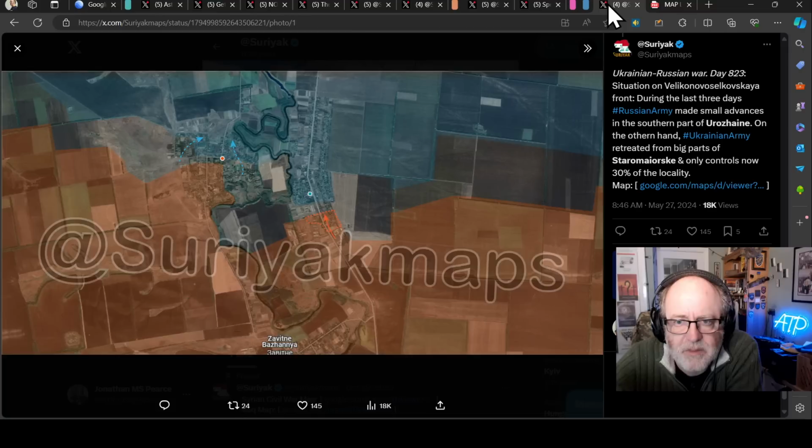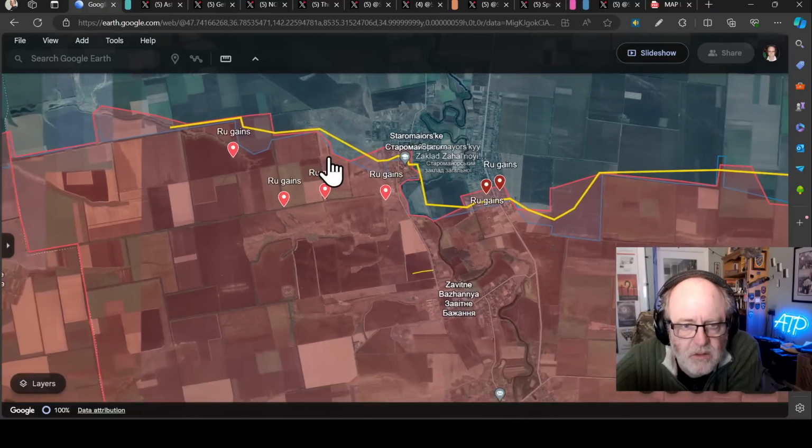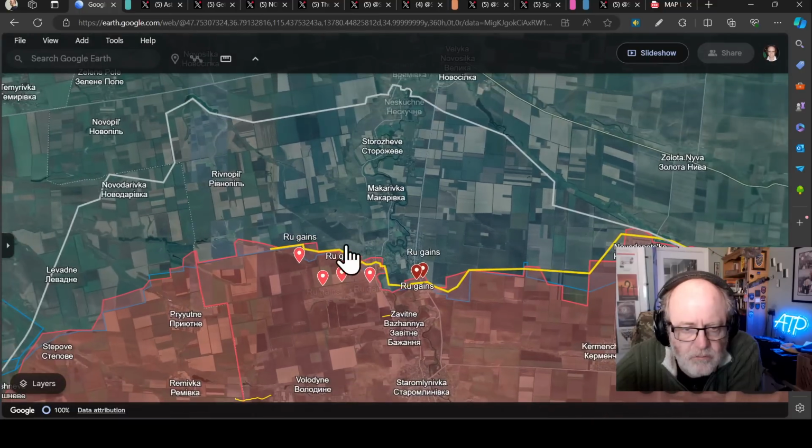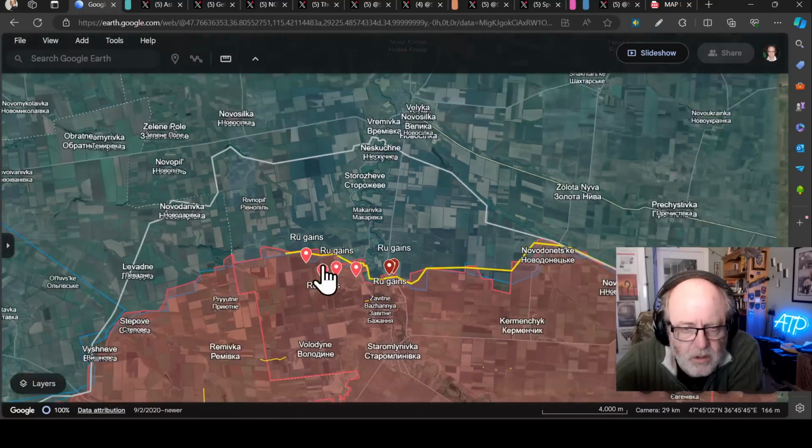This is what Suriyat Maps says of this area. During the last 3 days, the Russian army made small advances in the southern part of Uruzhany. On the other hand, the Ukrainian army retreated from big parts of Staromyorsk and only controls now 30% of the locality. So that's the idea that they're being pushed out of Staromyorsk and the Russians are making gains in this rural area, as according to Andrew Perpetua.